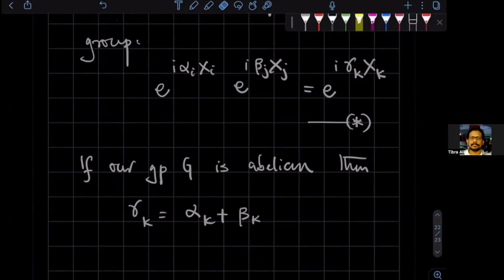But most Lie groups are non-abelian, so this is not going to be useful.